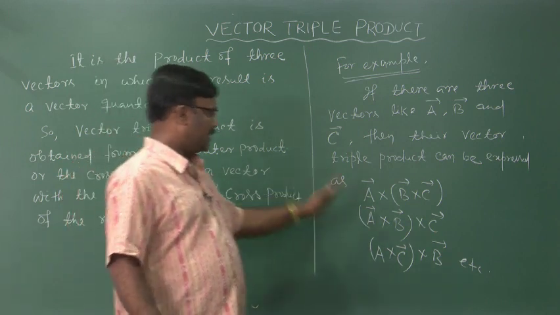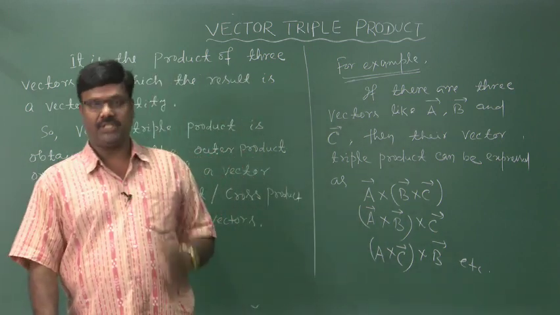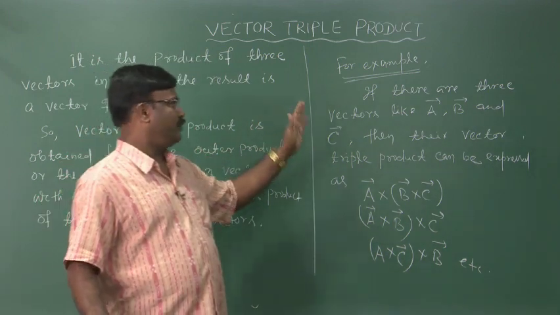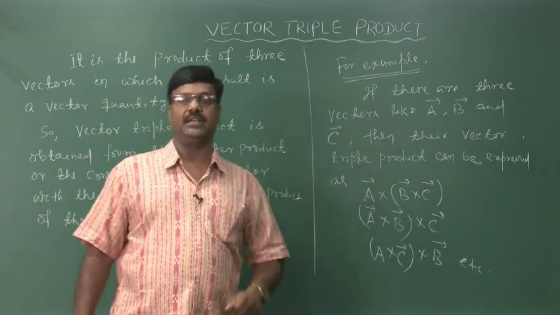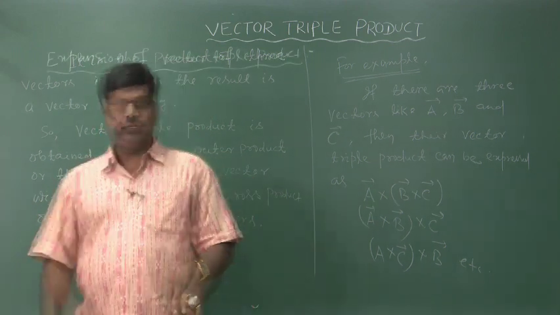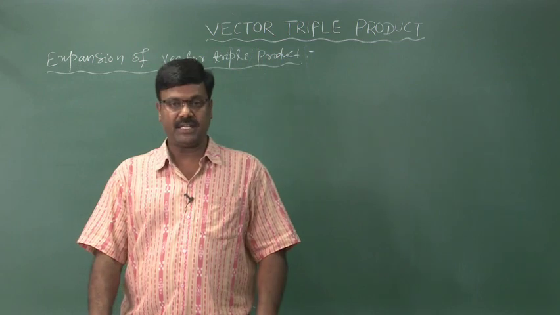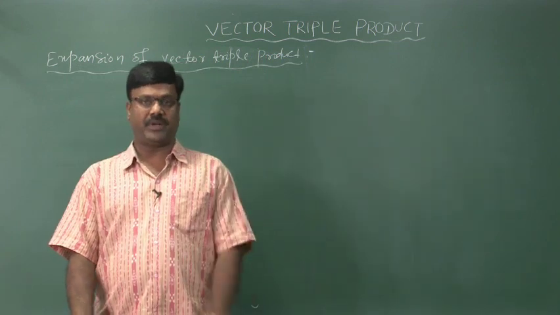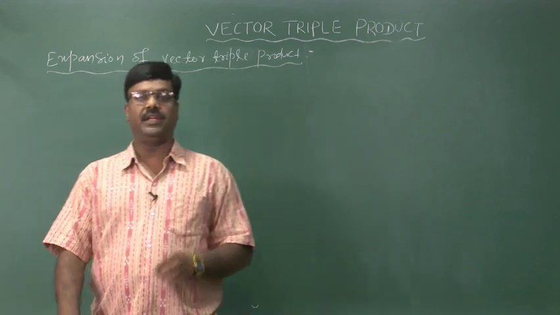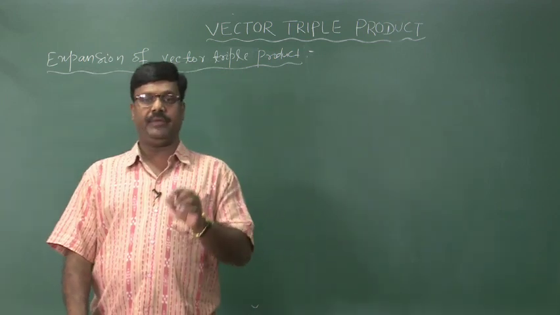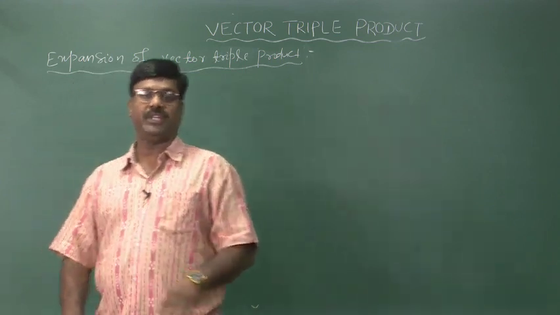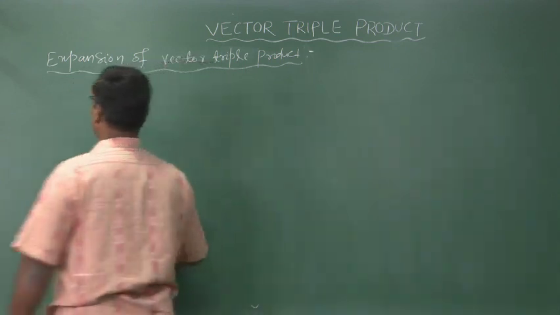So, let us find out the vector triple product of A vector, B vector and C vector and how they are expressed mathematically. Let us do the expansion of vector triple product. To do this, let us first consider three vectors A, B and C in terms of their rectangular components.